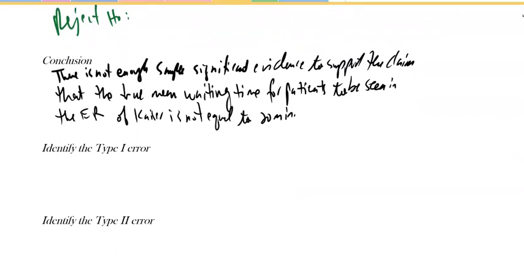Again, let me remind you what I remember. Type 1 always, that's when we reject the null hypothesis, and it's an error since it was true.